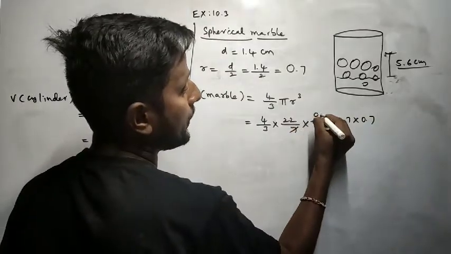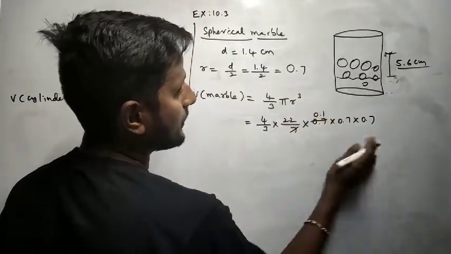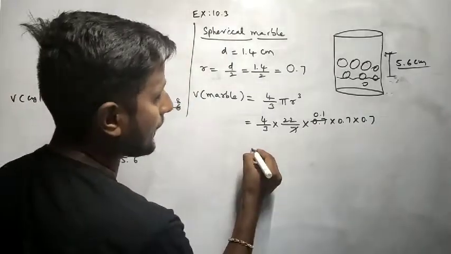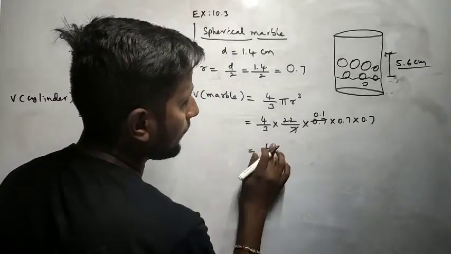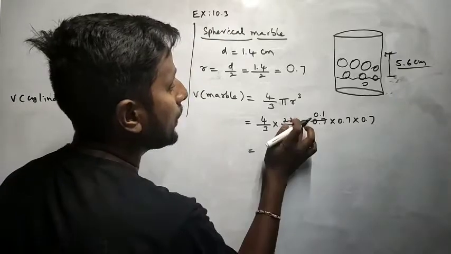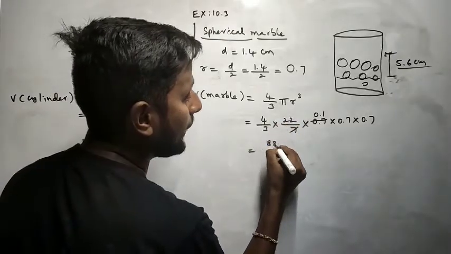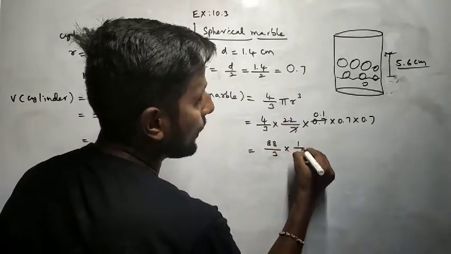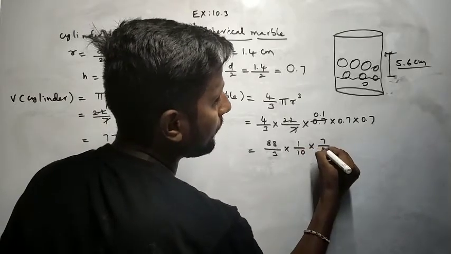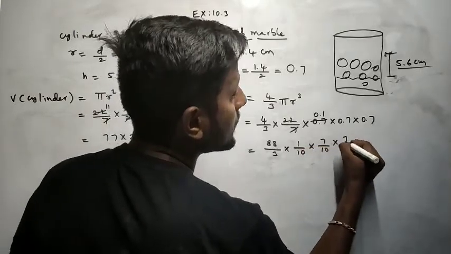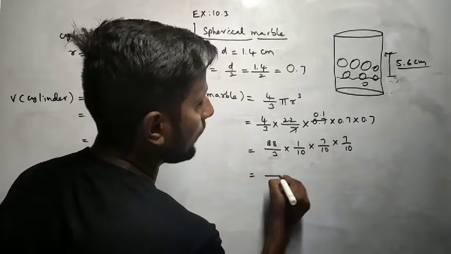7, 0.1. Any cancellations? Nothing gets cancelled. Okay, 4 by 3. 22 4s are 88. 88 by 3 into 1 by 10 into 7 by 10 into 7 by 10. Now look at the 3 zeros.